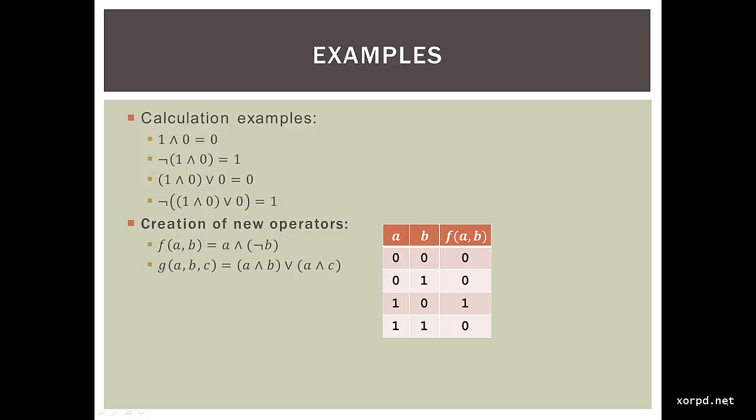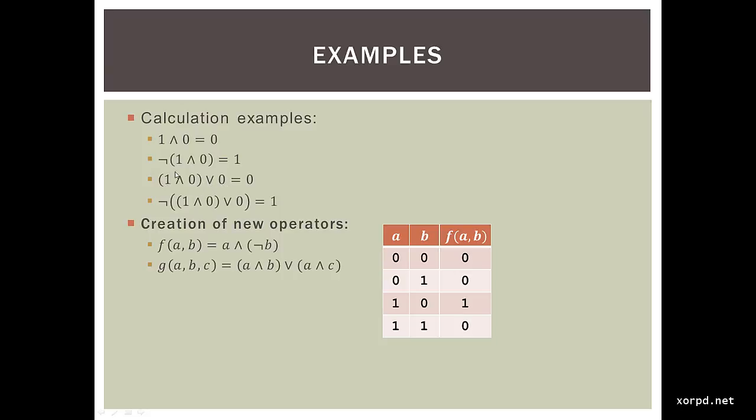Some calculation examples. 1 and 0 is 0. If we negate the previous expression, we get the negation of 1 and 0, which equals the negation of 0, which is 1. We can also try something like this, 1 and 0, we put it inside those brackets, or 0.